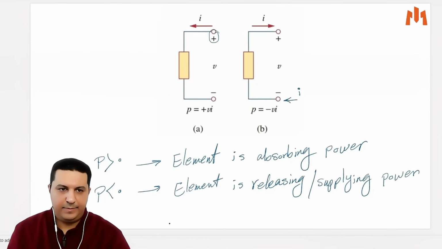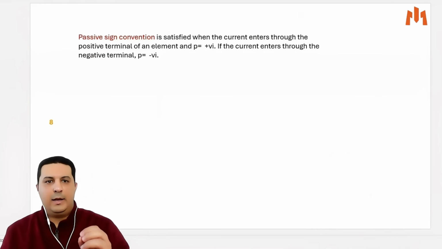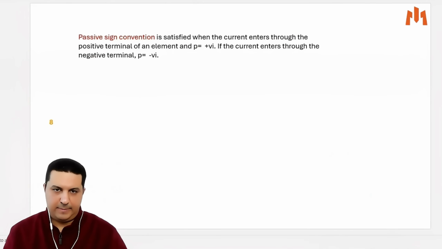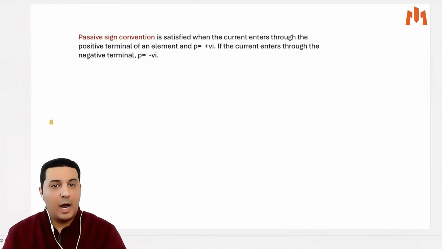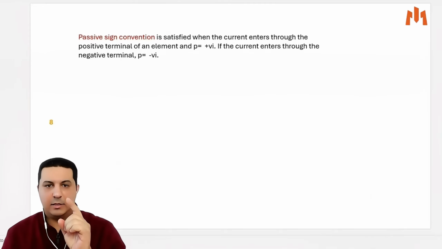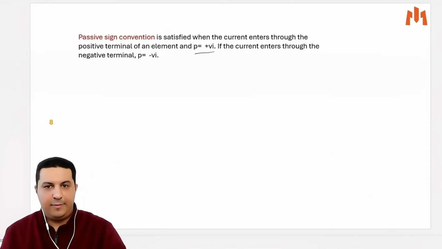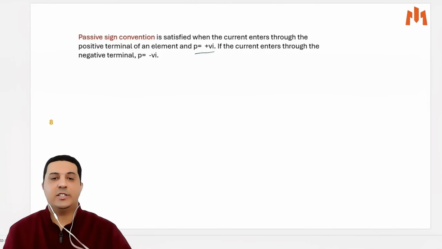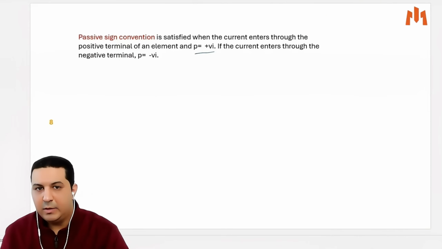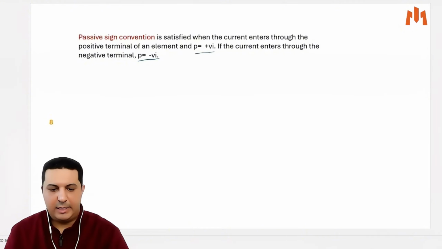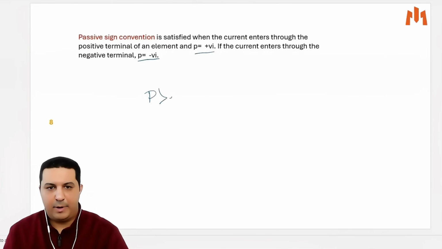As you see, the passive sign convention is satisfied when the current enters through the positive terminal of an element, and P, as you see, is plus VI. But if the current enters through the negative terminal, P equals minus VI. So again, I am writing here for you that P can be positive or P can be negative.